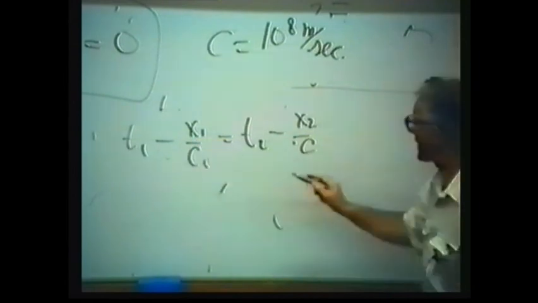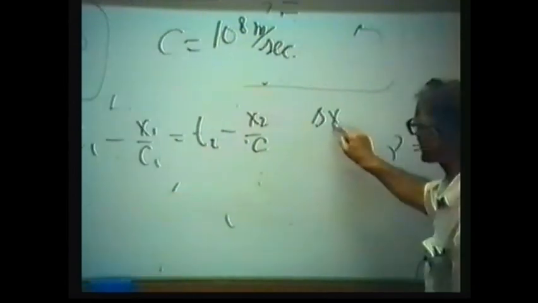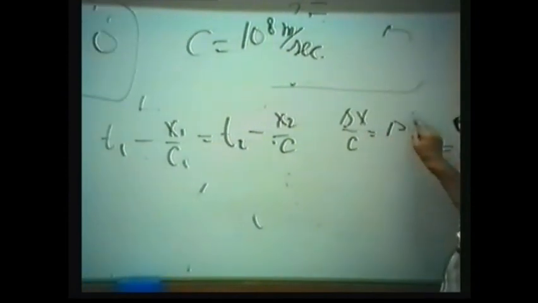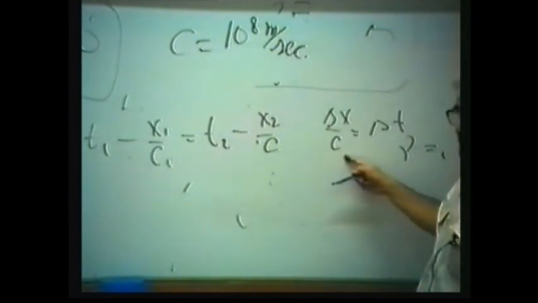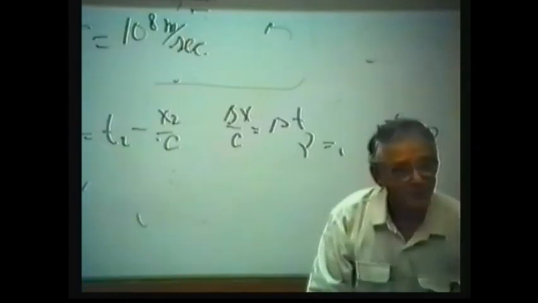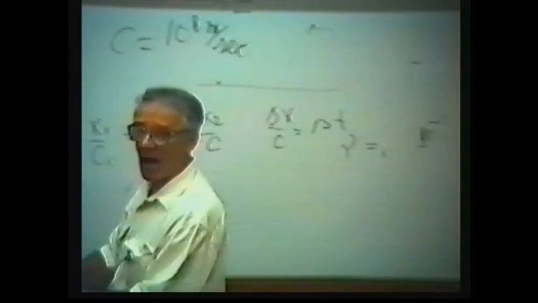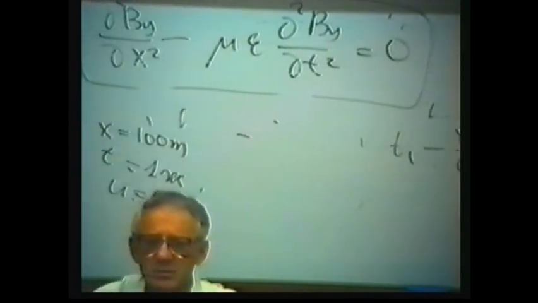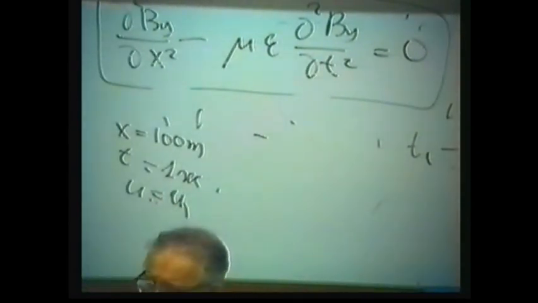That's our argument. Let us take t1 on the right side, x2 on the other side. What will we get? Delta x over c equals delta t. So, what is the meaning of c? Velocity. That's the reason why this equation is called the wave equation.